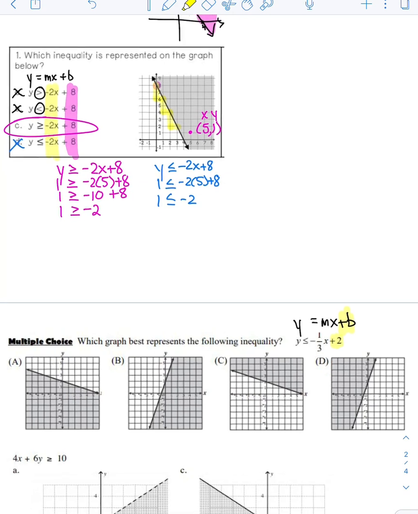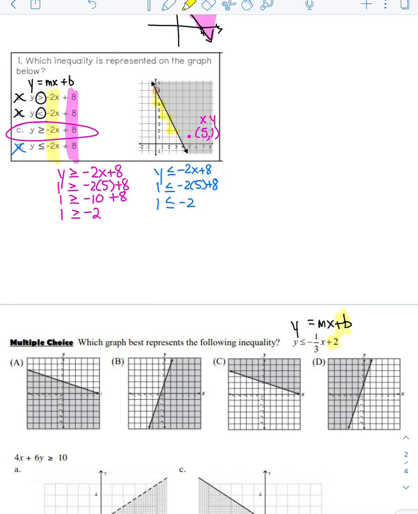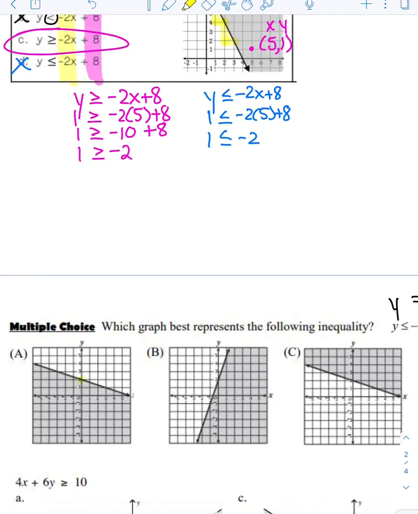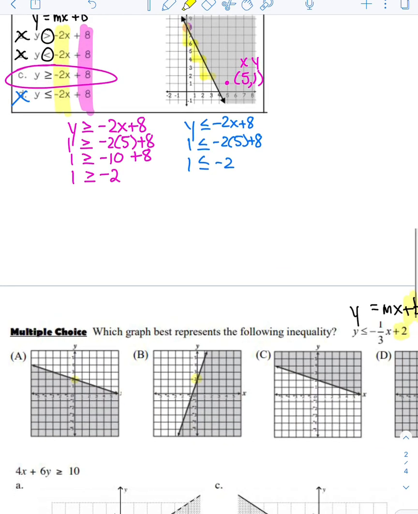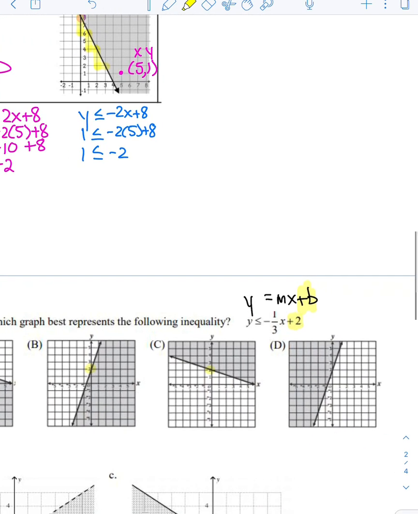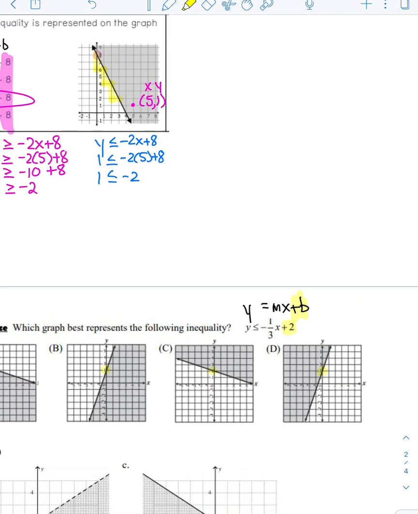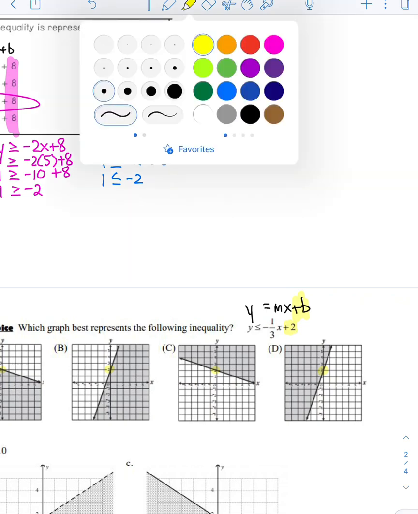I use that first to rule out anything. In this case, I notice all the graphs are different. So when I look at A, yes, 2 is the y-intercept. What about B? Yes. C, oh, they all have a 2, so I can't use that. Now I'm going to look at the slope.